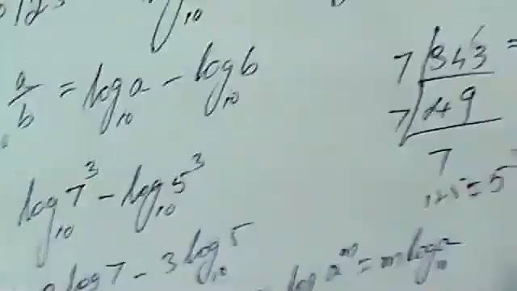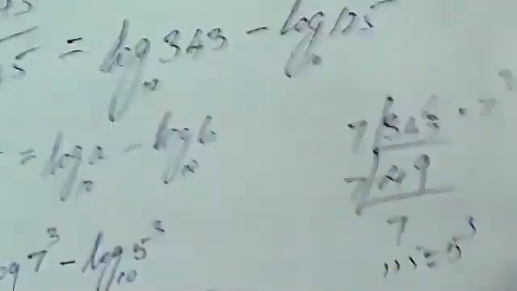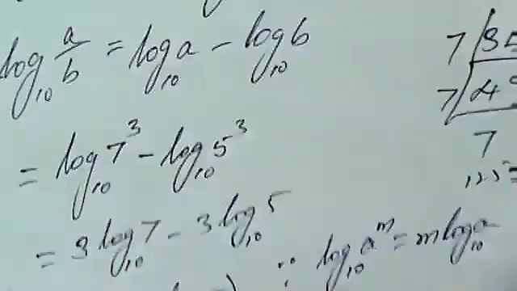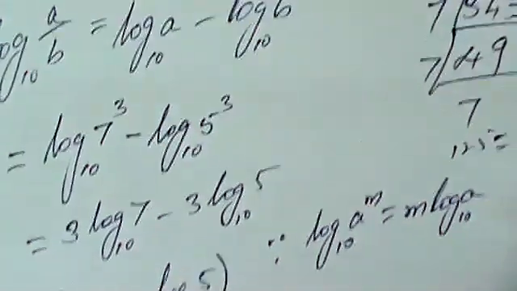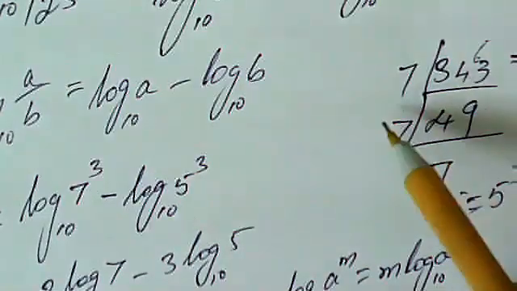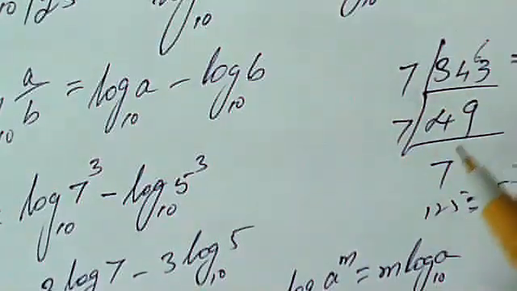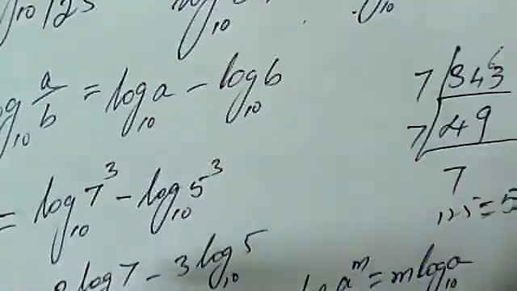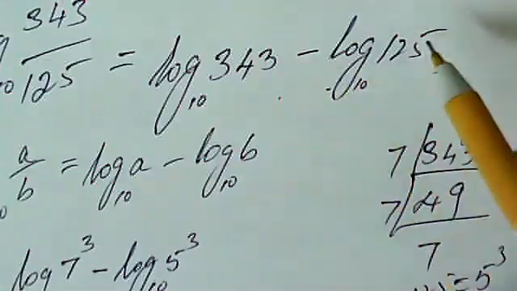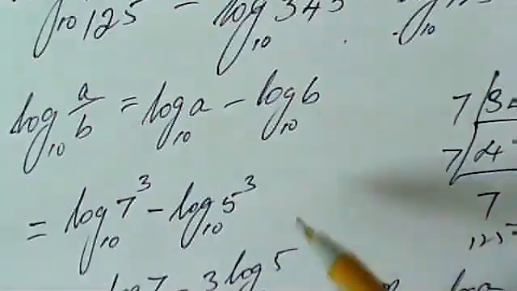Let me take this once again. On factorizing, 343 is nothing but 7 cube and 125 is 5 cube. So we write log 343 as log of 7 cube and log 125 as log of 5 cube.